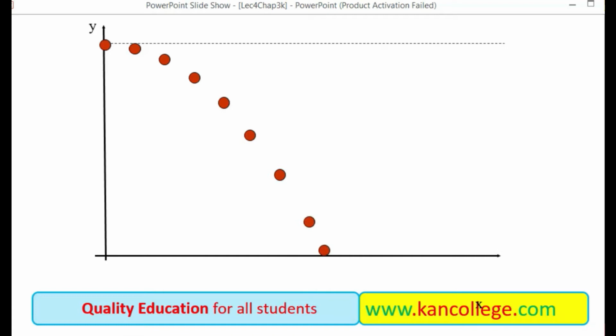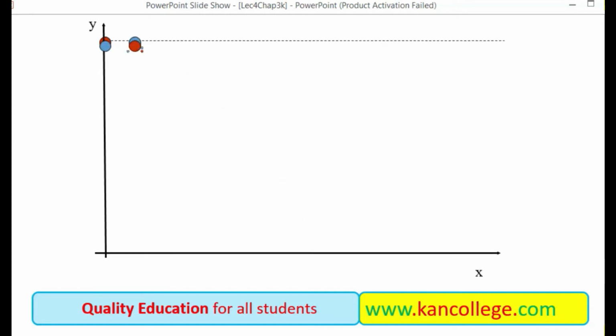The ball at different points is shown, and the path of all the points is known as the trajectory of the projectile.